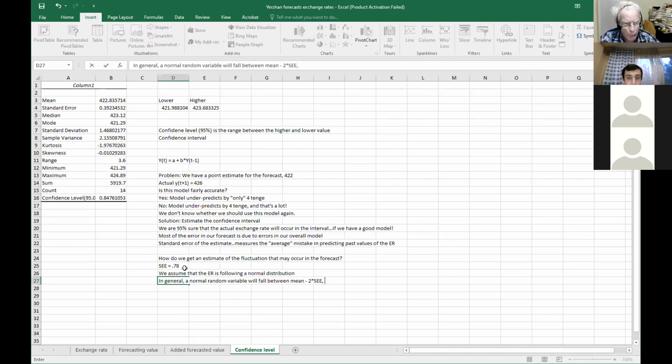This is the lower bound, and then the upper bound is our estimate plus 2 times the standard error of the estimate. Not 1, but 2, for 95% confidence.